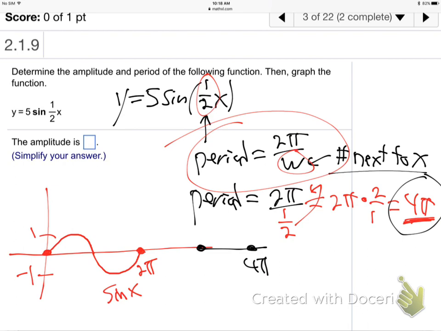Up, back to 0, down, back to 0. That's one cycle. That's what this just told us. 4 pi is his period now for this sine function with the half x in there. 4 pi is his cycle. So what's halfway through his cycle? Because he always hits 0 halfway through, right?